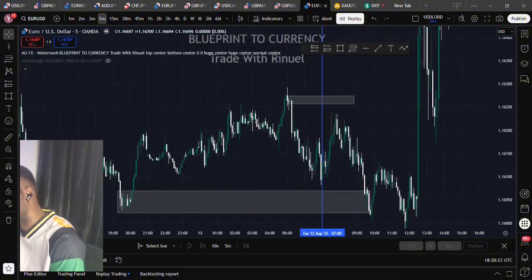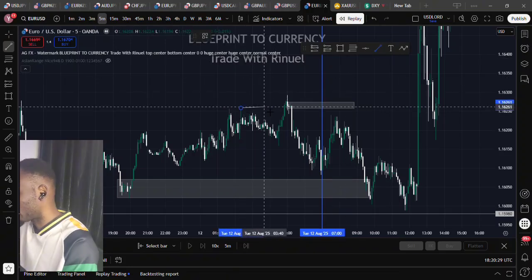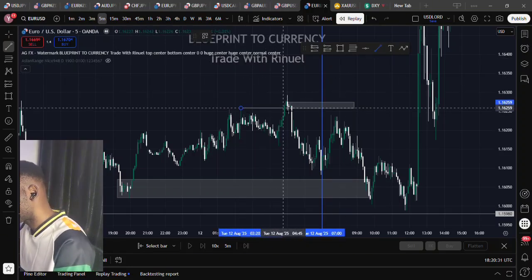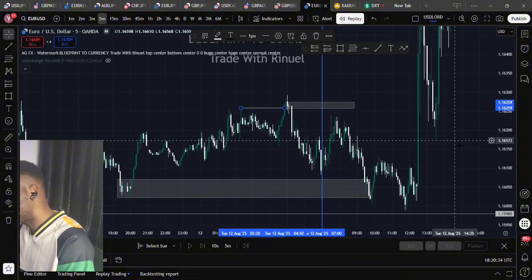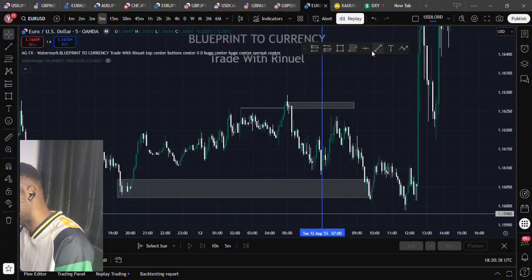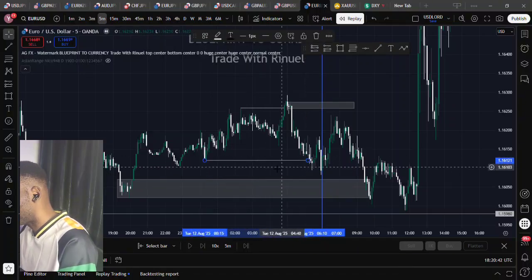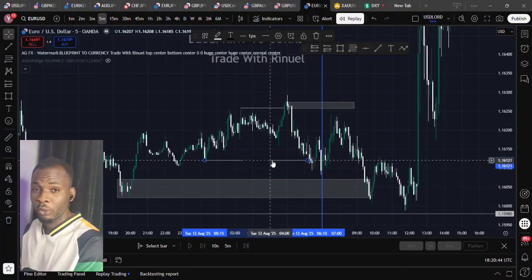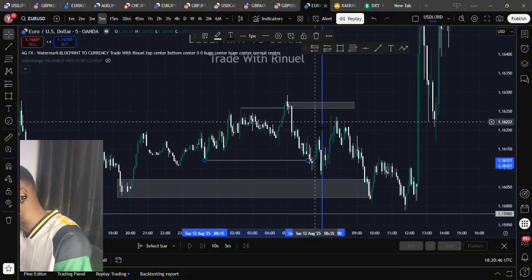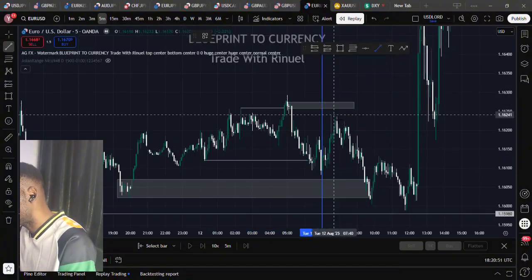The strategy I usually use is that price must first of all break out of zones like this, that is a liquidity sweep, break a low, which it did here exactly. In fact, it was playing along with my rules. Break a low like this, causing a break of structure, then cause inducement, which is this here.